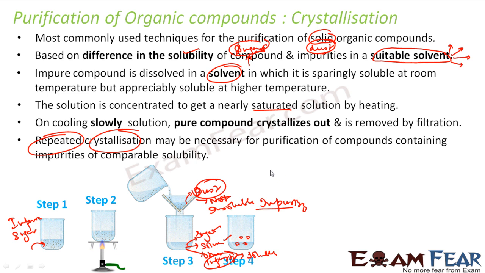For example, let's suppose you have a 50% pure organic compound. You crystallize this, it becomes 70% pure. You recrystallize again, it becomes 80%, 90%, and then you can make 99%. So you keep doing the same process of crystallization to get a purer and purer form of the organic compound.